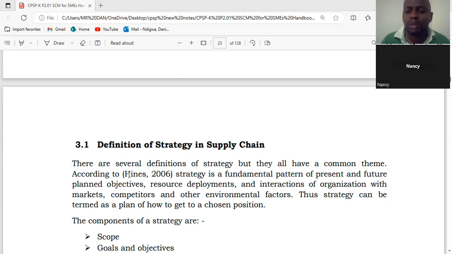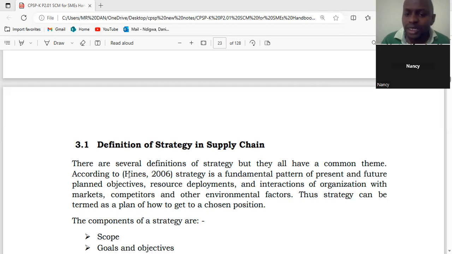And strategy will help you to become competitive in the competitive industry or business environment. So different authors have defined strategy in different ways. According to Hinz 2006, strategy is a fundamental pattern of present and future planned objectives, resource deployment, and interaction of organization with the market, competitors, and other factors.